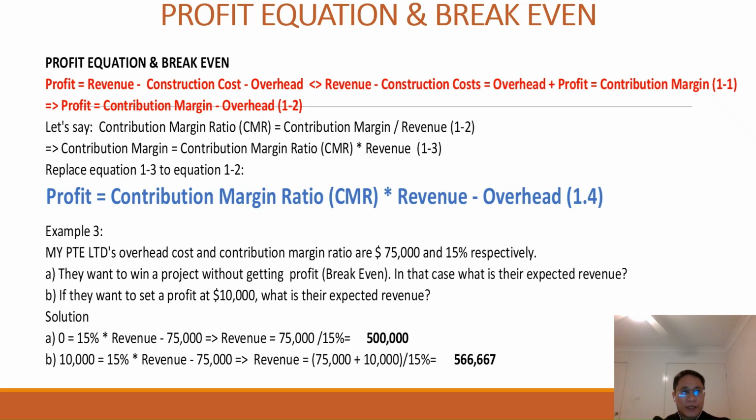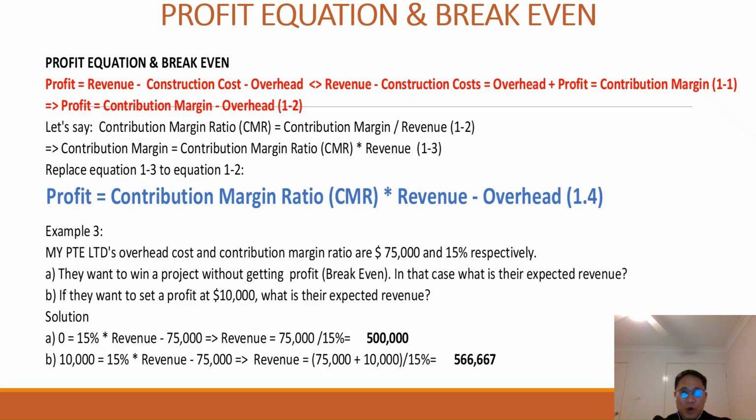For the profit equation, we remember profit is equal to revenue minus construction cost minus overhead, or alternatively, revenue minus construction cost is equal to overhead plus profit.